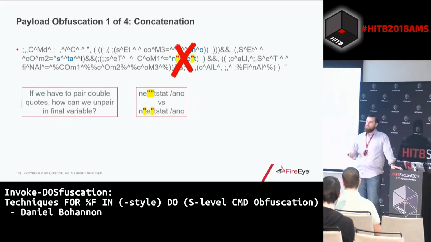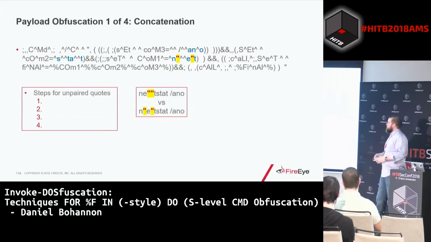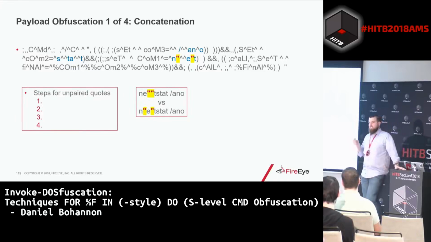The only reason this works is for the adjacent double quotes. It's almost like you took your whole argument and broke it into two pieces and just have them adjacent side by side. So when you start to move those double quotes not side by side, it gets really weird and it actually doesn't work. So it led me to come up with this 4-step solution to basically be able to have the final process run with non-adjacent double quotes.